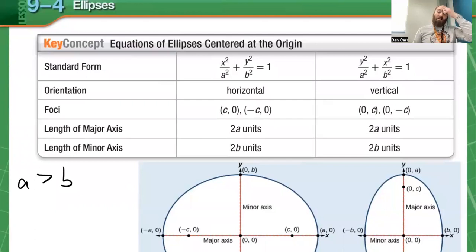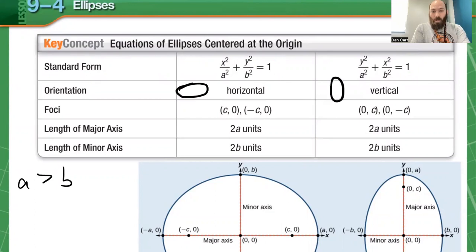Here's the standard form for an ellipse. An ellipse is always going to be equal to 1, no matter what. What we get is a horizontal orientation in this case, which means it's an oval shape that goes more this way, or a vertical one that goes more this way.